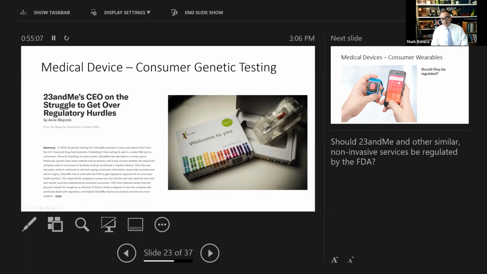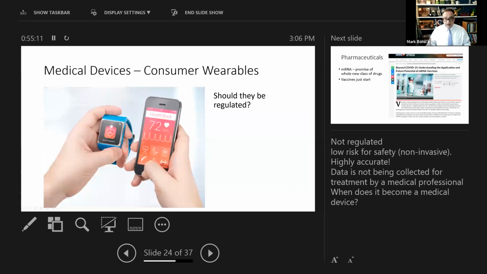But this is where things get really blurry. For example, many of you probably have Apple Watches. I look around every now and then just to see who I see wearing one. These things are now capable of doing EKGs, electrocardiograms, tracking your heart health continuously.